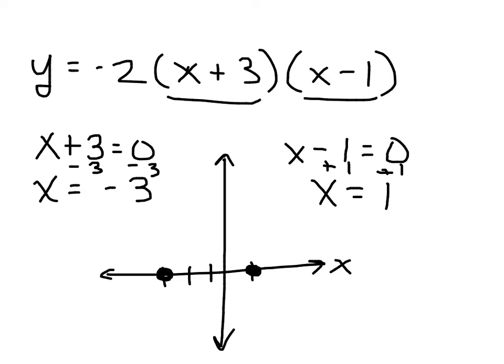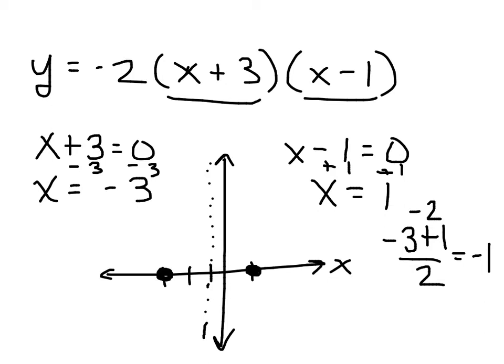So in order to get halfway between, what's negative 3 plus 1 divided by 2? Close. Negative 3 plus 1 is negative 2, and negative 2 divided by 2 would be negative 1. So that means, right here, halfway through, should be where the axis of symmetry is.